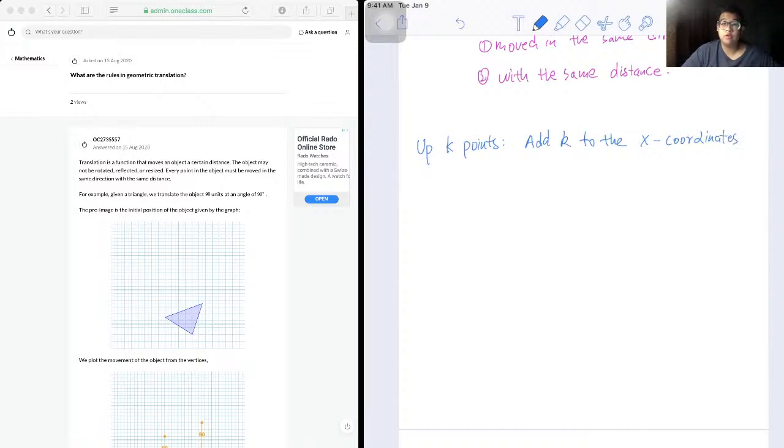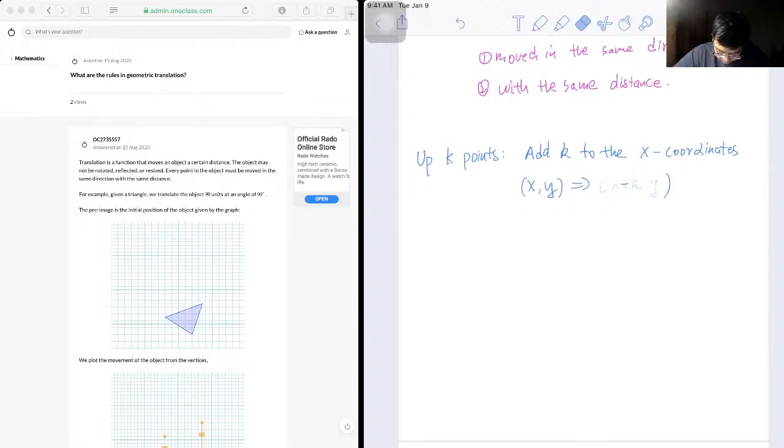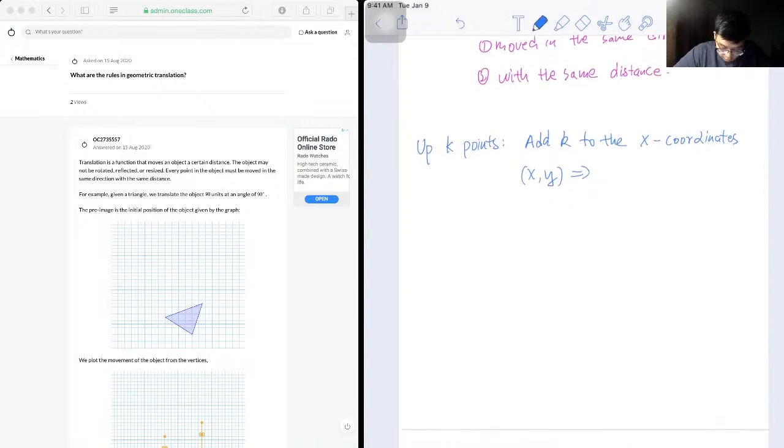Since we're only moving up and down, the original x y becomes x, y plus k. Oops, that's a typo. Remember, the only thing that is changed will be y plus k. So we maintain the x coordinate the same because it's only up and down, and the only thing changed will be the y coordinate.